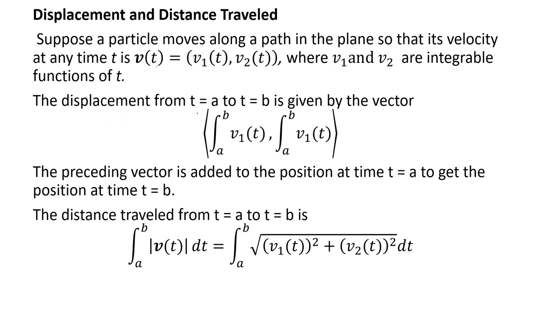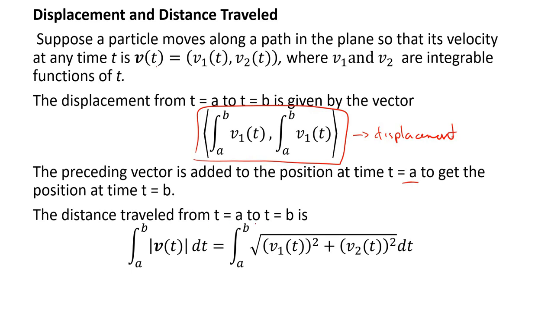So the displacement from t equals a to t equals b, we're doing an integral, is given by the vector integral of the first component, comma, the integral of the second component. The preceding vector is added to the position at time t equals a to get the position at time b. This is the displacement, so we have to add that to our original position to get our new position.